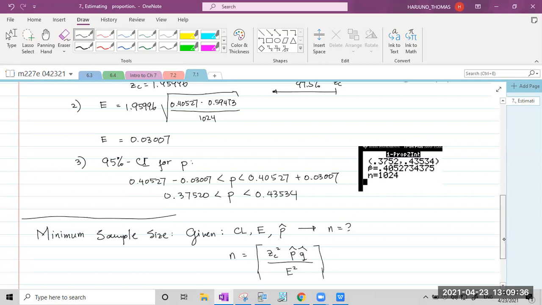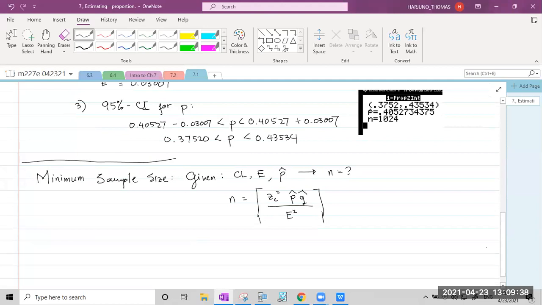I will give you an example on this next week. So call this 7.1a. However, if p hat is unknown, then use p hat equals 0.5.